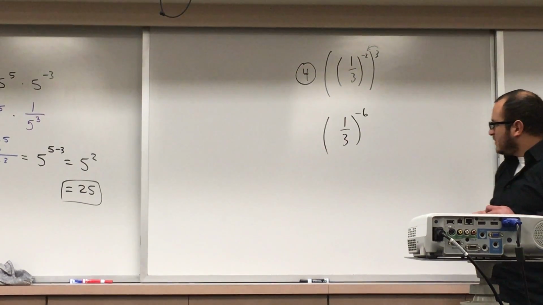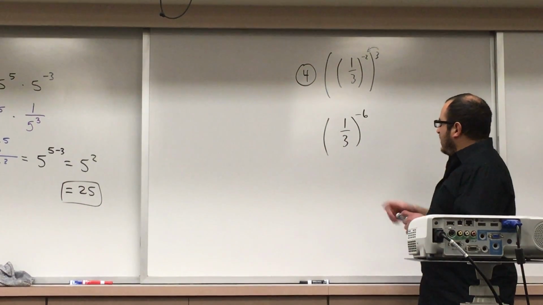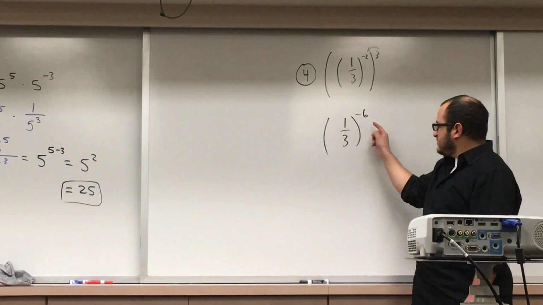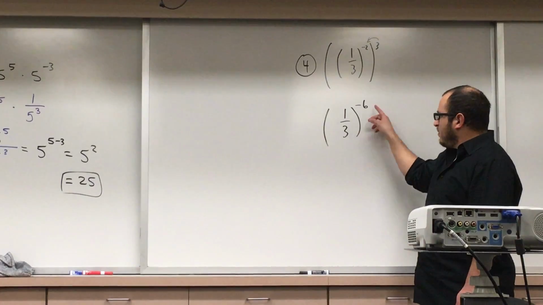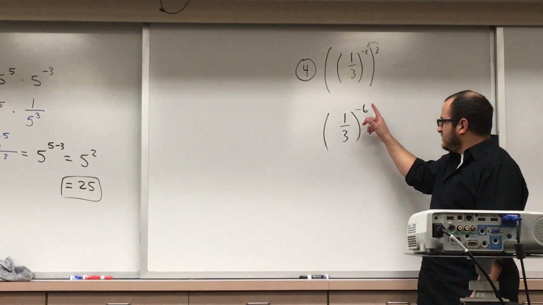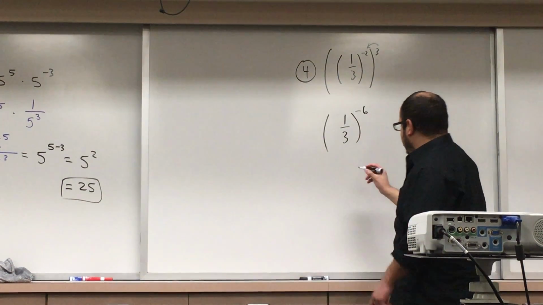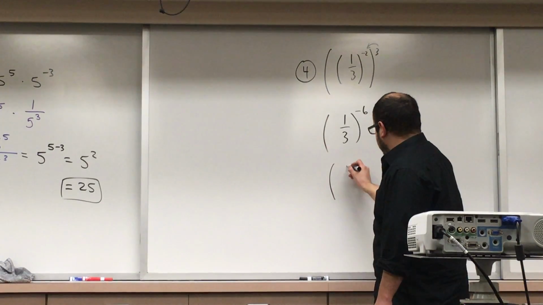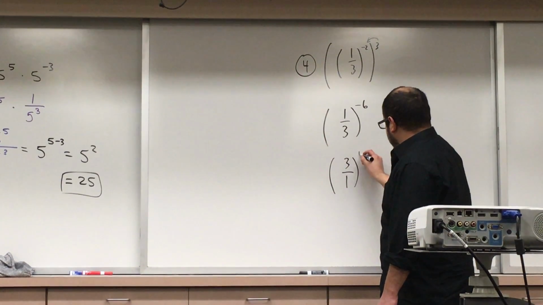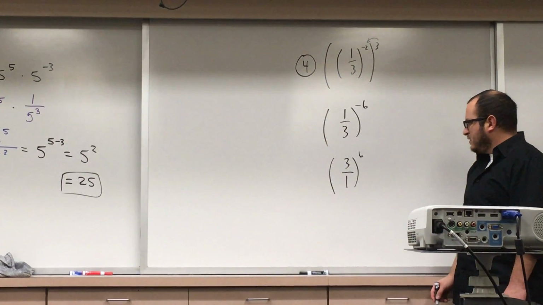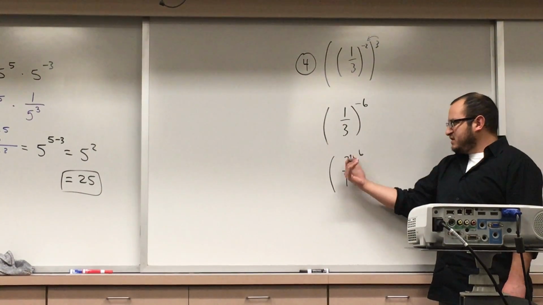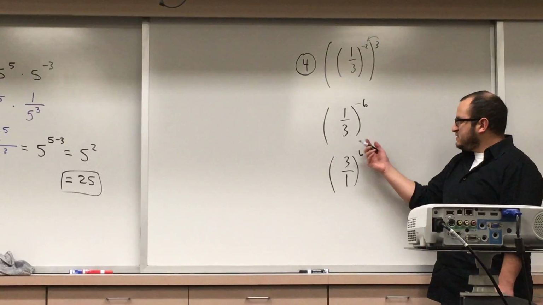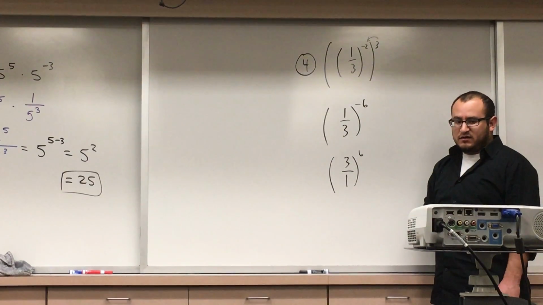You could distribute the -6 to both numbers, or you could change this into positive simply by flipping the inside. The reciprocal of 1/3 is 3/1. Since you flipped it, you're doing the opposite of a negative.